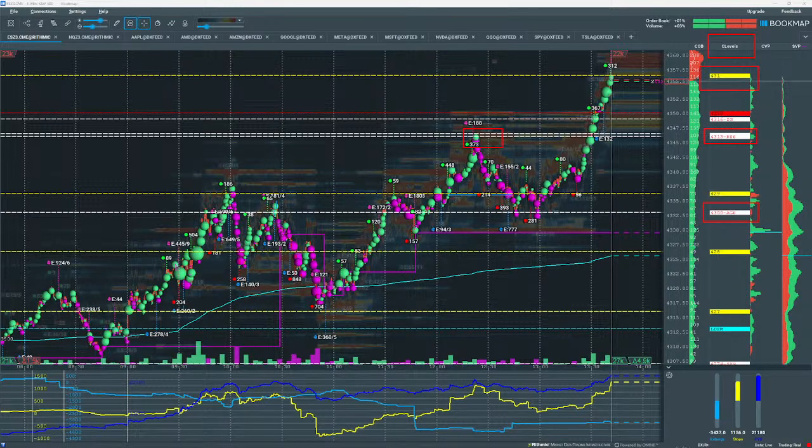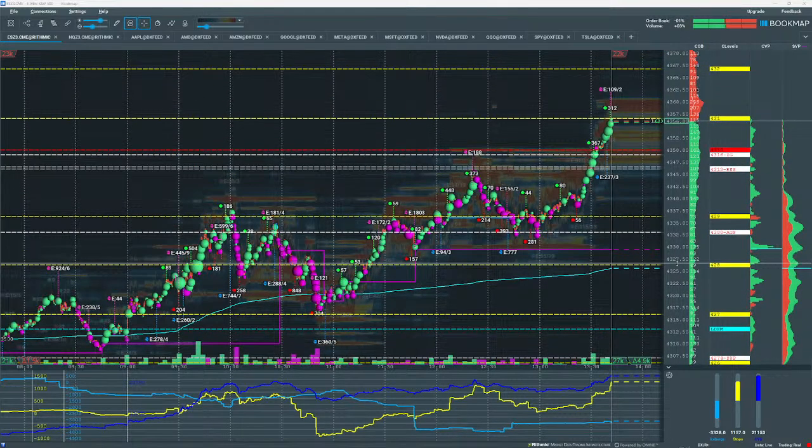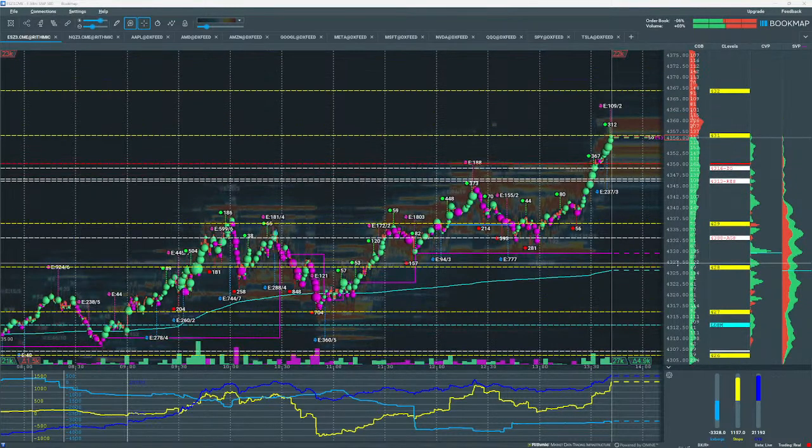All right, let's just take a look at some other levels. So SPY traded almost to 426 before the cash open. Then after the cash open, this 427 level did act as support.